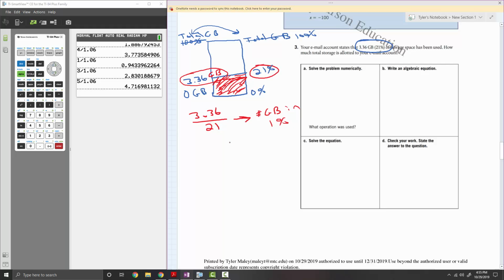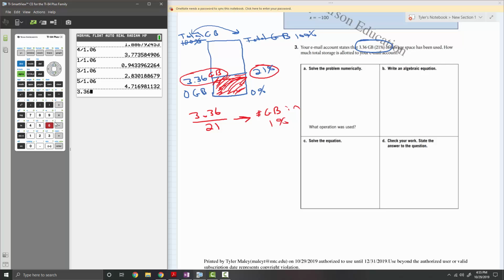So if I take that number, divide by 21, that would correlate to how many gigabytes there are in just 1%. And then if I know 1%, I can just multiply that times 100 to get 100%.